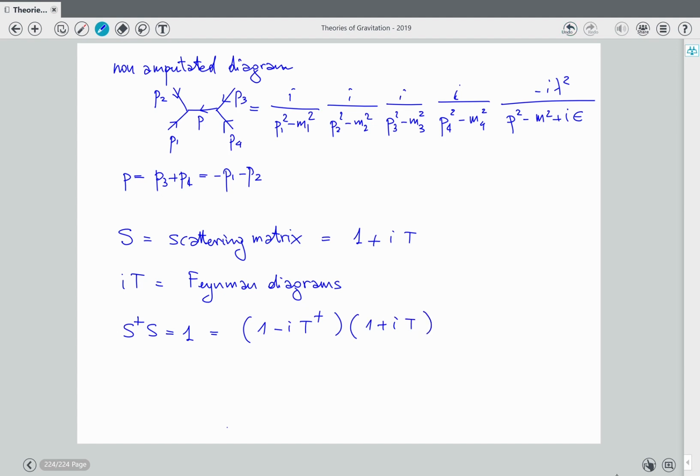And when you multiply, you have 1 plus IT minus IT dagger plus T dagger T. And so from this identity, you see you have 1 on both sides, and you can simplify it, and what you get is this identity: IT minus IT dagger equals, let's move T dagger T to the right hand side, minus T dagger T. And this identity is known as the Optical Theorem.